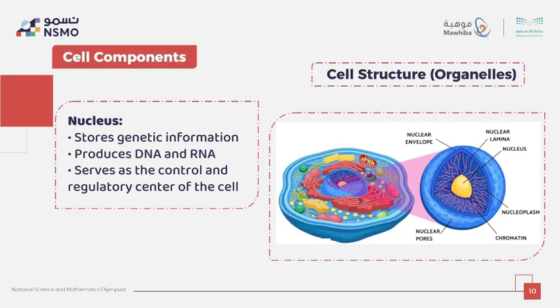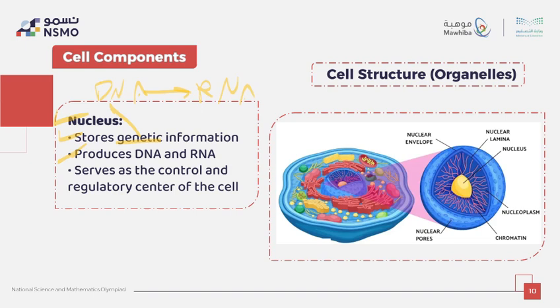Let's talk about one of the most important organelles ever: the nucleus. Why? Because it stores the genetic information. Genetic information is DNA, and the DNA produces RNA, as mentioned here. Let's look at the picture, guys.